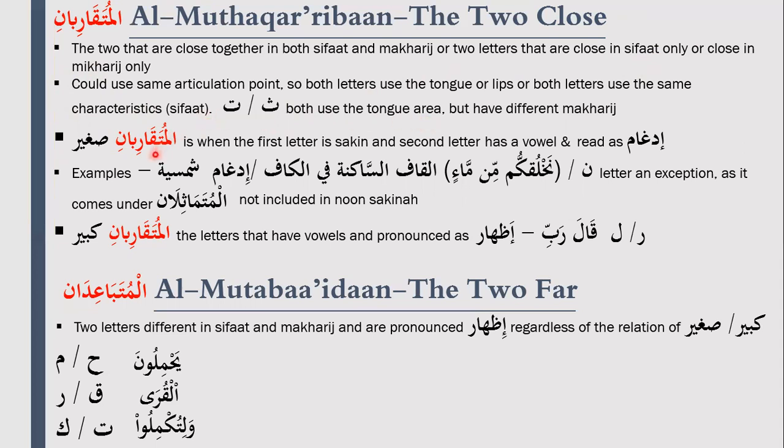Al-mutaqarrib al-saghir is when the first letter is sakin and the second letter has a vowel, and it is merged, read as idgham. It becomes known as al-mutaqarriban saghir, the small closeness.